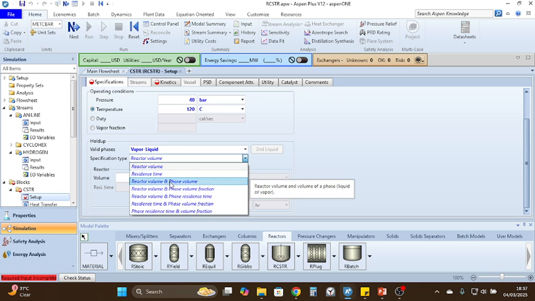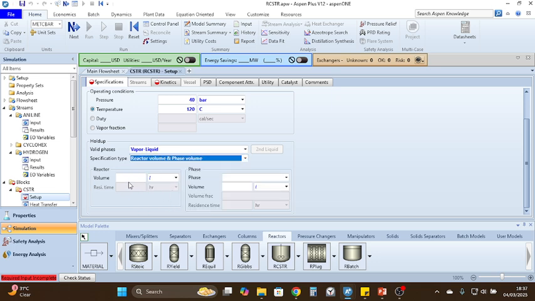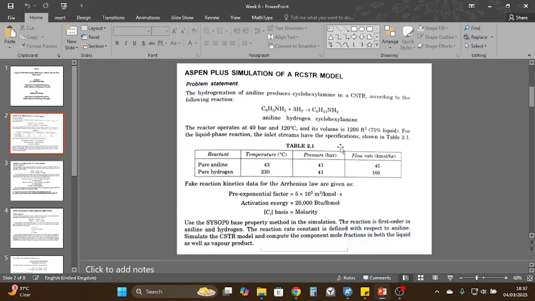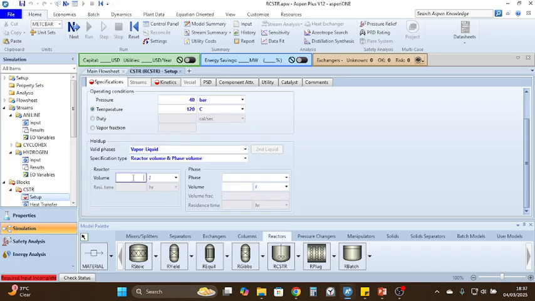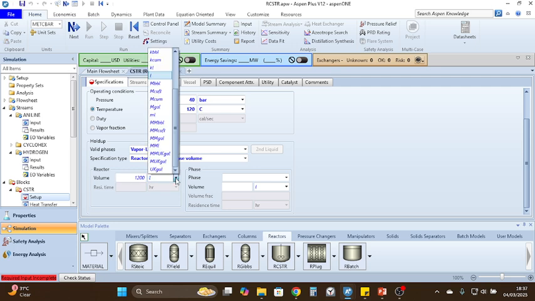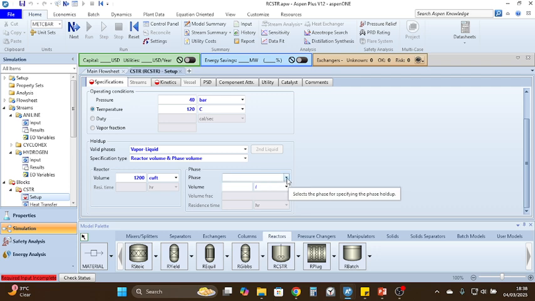Okay, so we are going to select this. Now the reactor volume that is given is 1200 feet cube. So over here let us fill reactor volume 1200, and this is cubic feet. Now the phase is given to us.